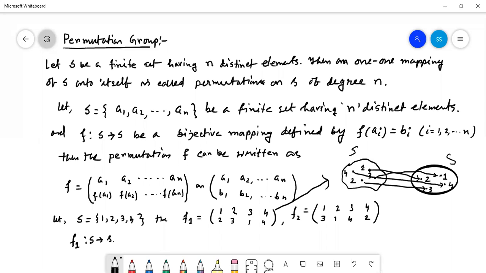This is the meaning of f1. Likewise we can write f2. Now it is clear what the permutation is.